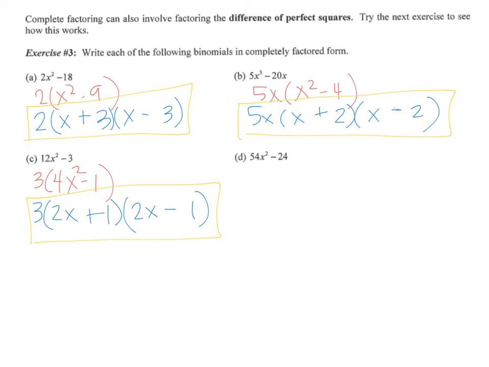I know that 54 can be divided by 3, and so can 24, but then I still have something larger. So 54 can be divided by 6, and so can 24. So a 6 comes out, and I'm left with 9x squared minus 4. Both 9x squared and 4 are perfect squares, so we have 6, 3x, and 2.